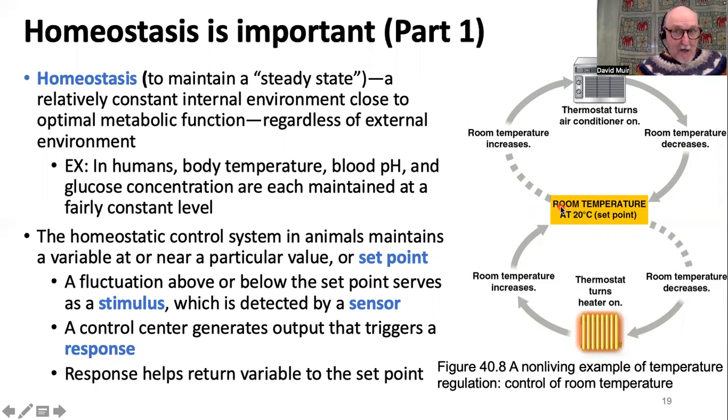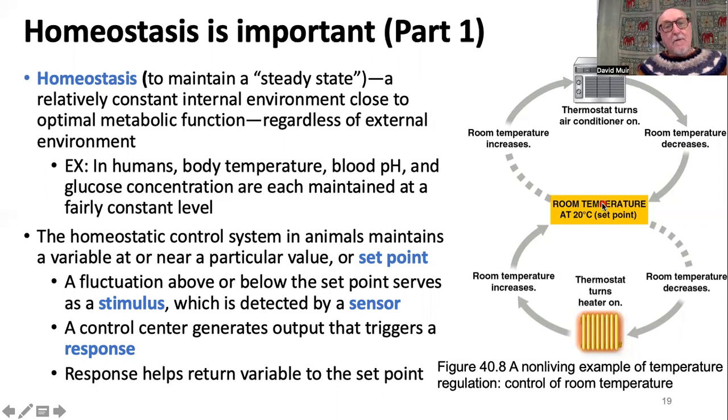If it goes above the set point, then the air conditioner switches on. If it goes below the set point, then the heat comes on. And between the two systems, generating heat and controlling the heat, the set point is maintained. It will bounce around and around that until it establishes a normal mean.